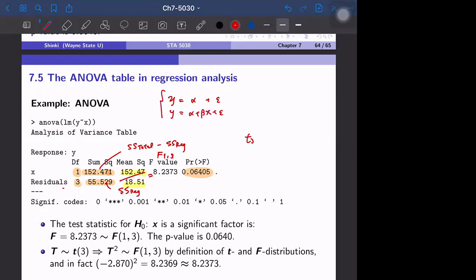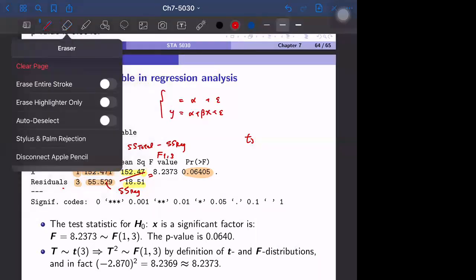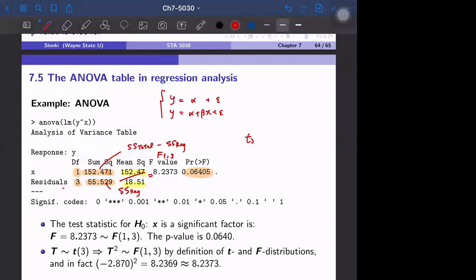We compare these two models using the sum of squared residuals, and finally we get the F statistic.